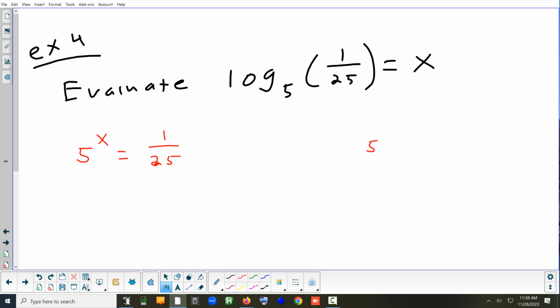Well, what if this was your question? What would be the answer to this one, the one on the right? x equals 2. Right, x would be 2. 5 squared equals 25. Now, we don't want to get 25. We want to get 25 flipped.